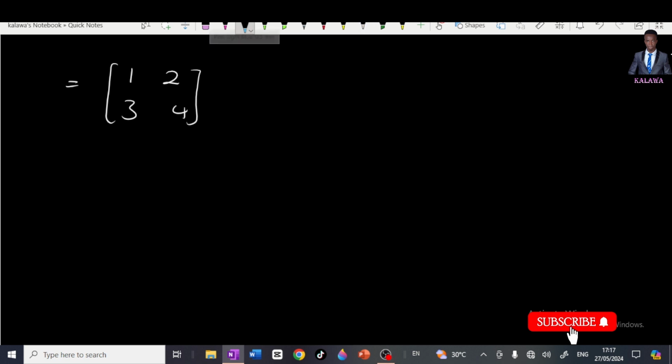So we have rows. What is rows in matrix? Rows in matrix means the elements, or we can say the members of that set, that move in the horizontal way or in the horizontal direction.